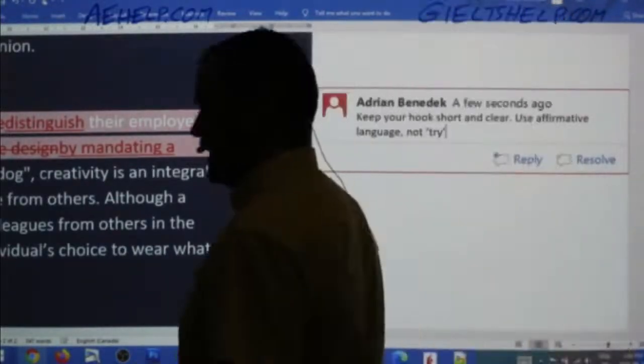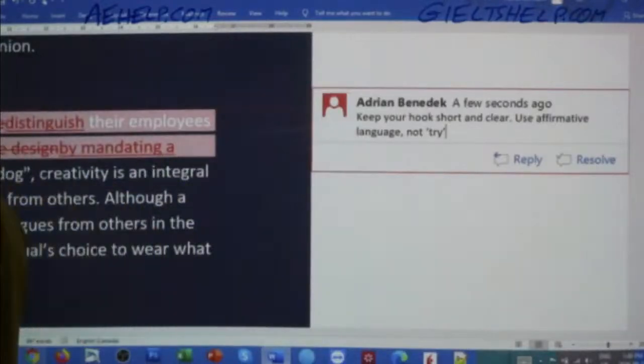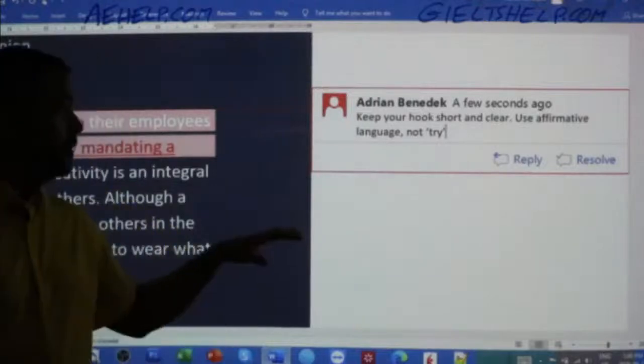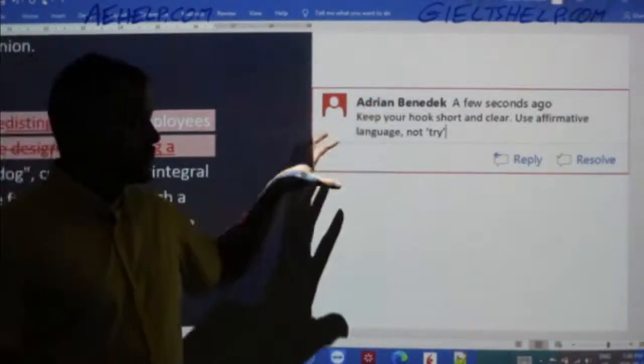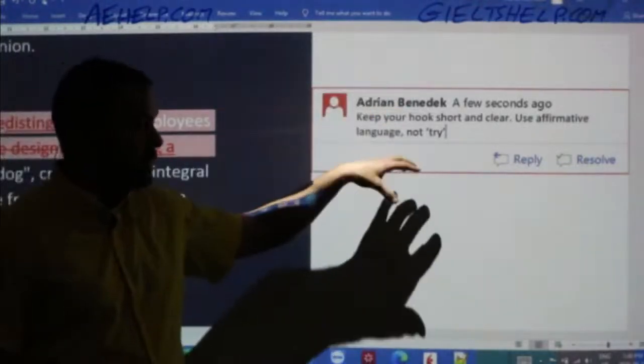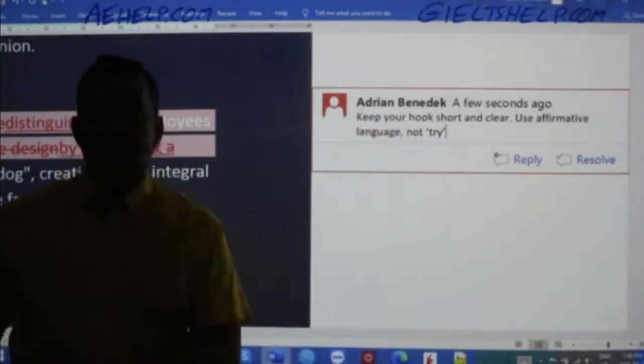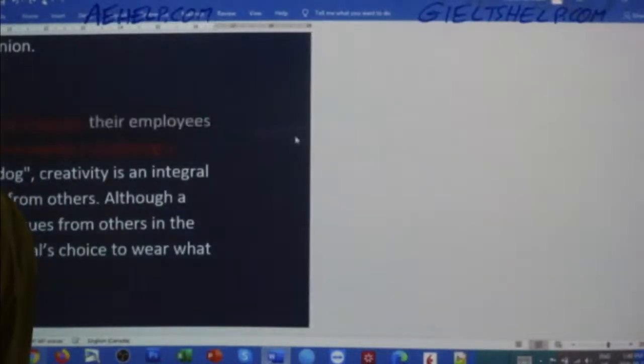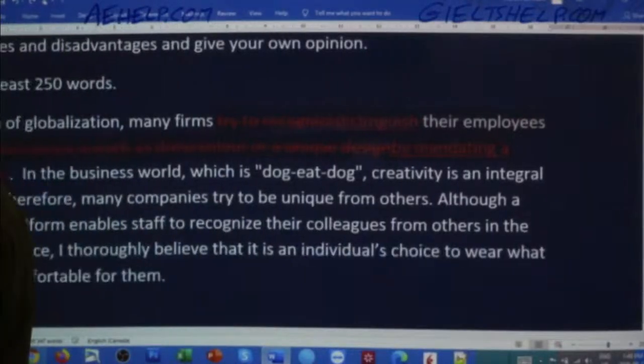Now, I can't really do comment balloons because then it's going to be really dark, so I'm just going to do what's called in-text commenting instead, and hopefully that'll work a little bit more clearly. But just for this first one here, I wanted to show you how editing actually works. So you would get all these kinds of comments when you use our editing service, okay? All right, so let me just clear that. And let's get back to this.